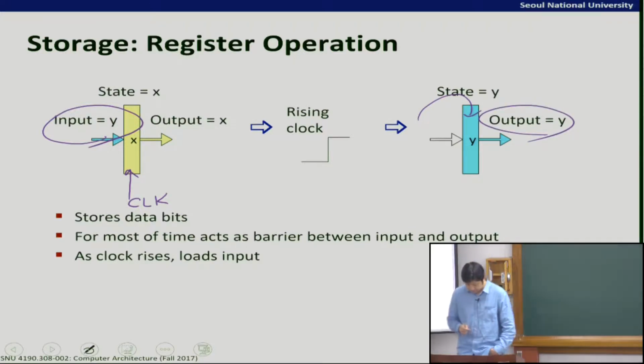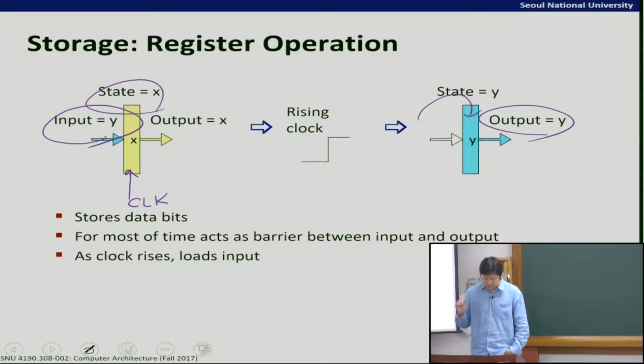In other words, the state of this register gets changed only at the rising edge of the clock, because the current state of the register is basically its output value. So you can think of it as this register made a state transition from X to Y.